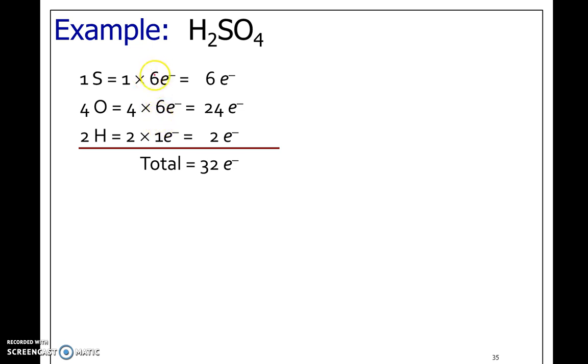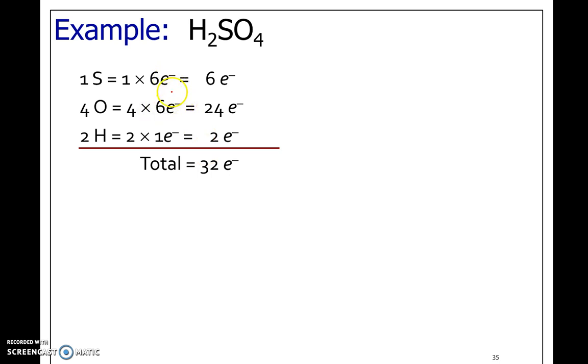So you have 6 electrons from sulfur and then 6 times 4 from the 4 oxygens, and 2 electrons from the 2 hydrogens, totaling 32.